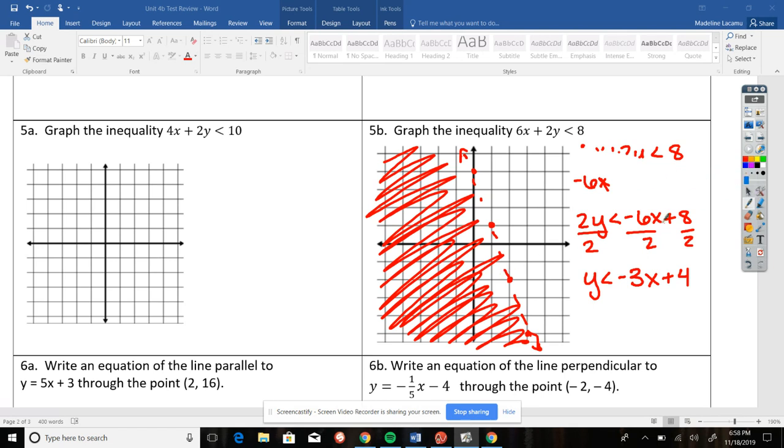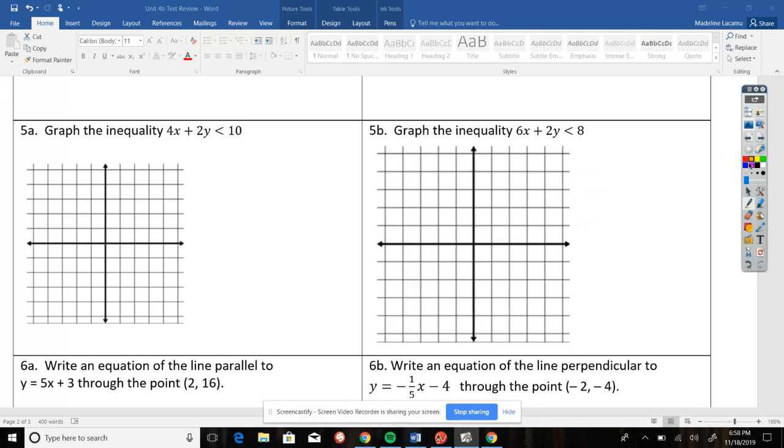Another way we can do it is if we use our intercepts. So we're going to find our two intercepts. We're going to start with the x-intercept. To find our x-intercept, we plug in a 0 for y. So I have 6x plus 2 times 0 is less than 8. So anything times 0 is just 0, so you can cross that out.